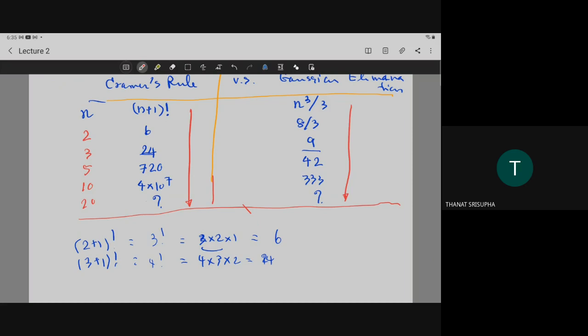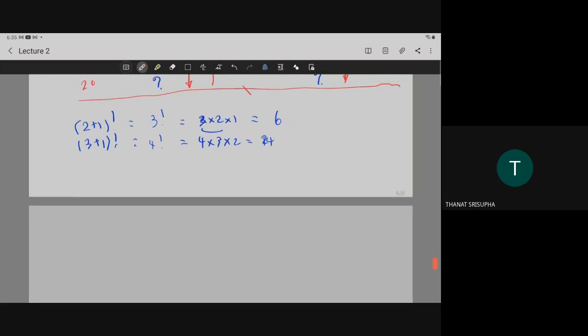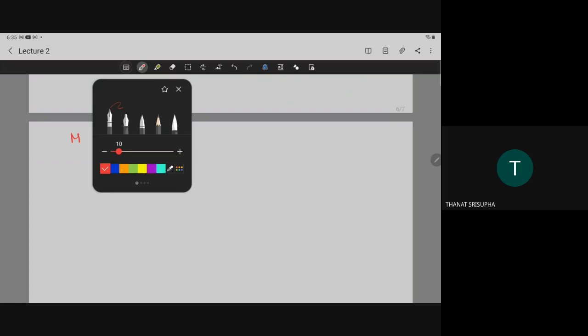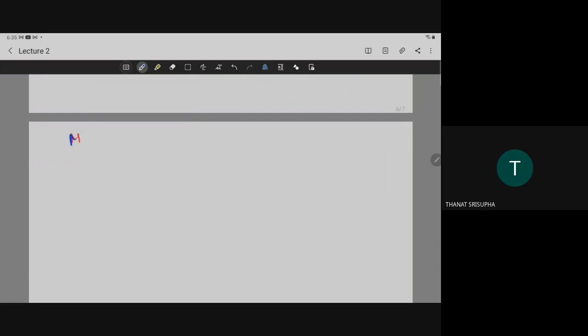Okay. So this is the first part, which is Gaussian elimination. So the next topic that we are going to look at is matrix decomposition. We will use the result from doing Gaussian elimination to look at the matrix decomposition.